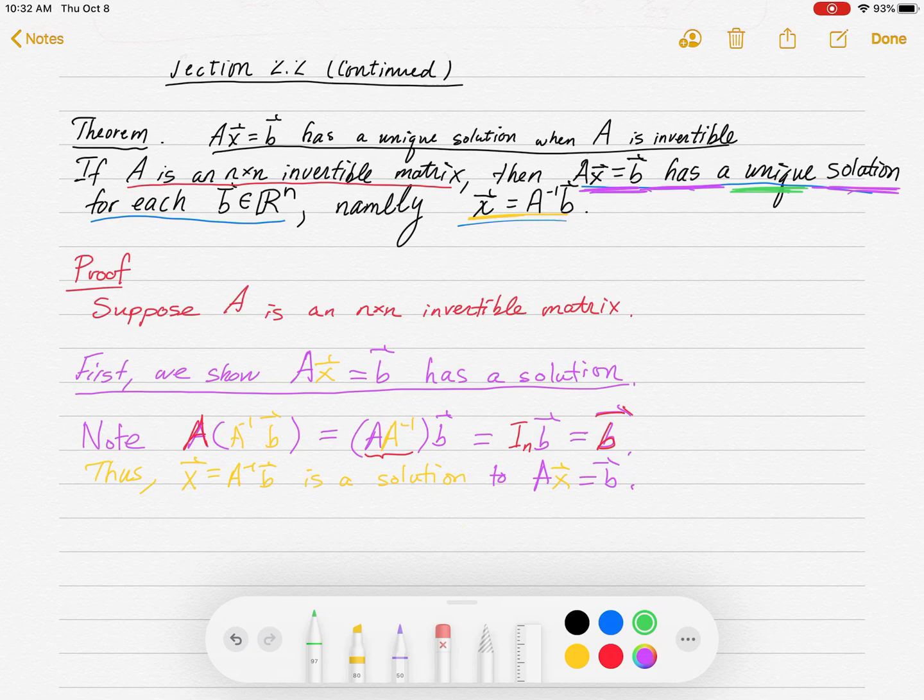Because A inverse B can take the place of the unknown X, and your output is B. All right, so we've shown that there is a solution. Let's show that this solution is unique. And that means it's the only solution.